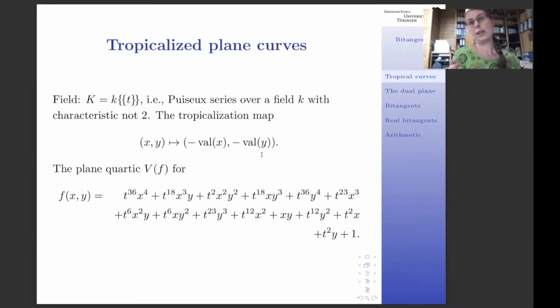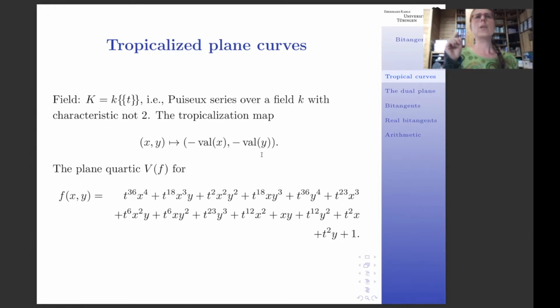So now the smallest is at t. So I'm going to send such a point to the valuation of x, or minus the valuation of x, and minus 1. So that ends up giving me a ray, a horizontal ray with y coordinate equal to minus 1.